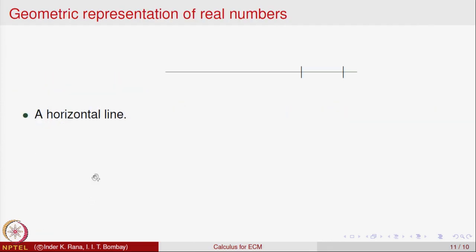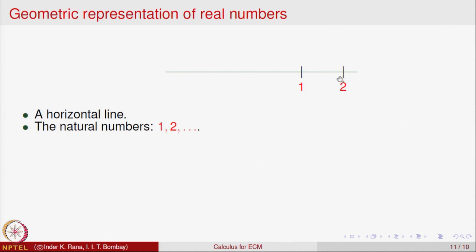Let us try to give a geometrical representation of our numbers. So, we draw a horizontal line. On this line, you make cuts, take any point on this line and call it 1, take some unit and mark a point and call this 2.